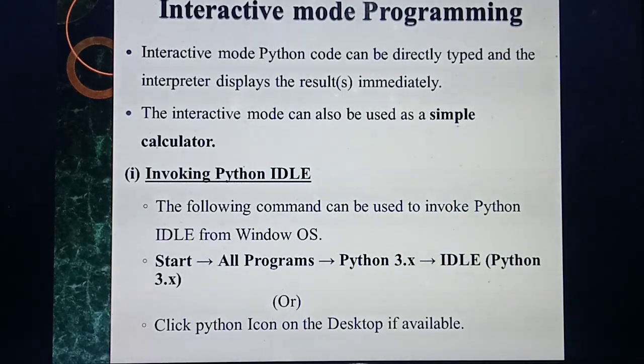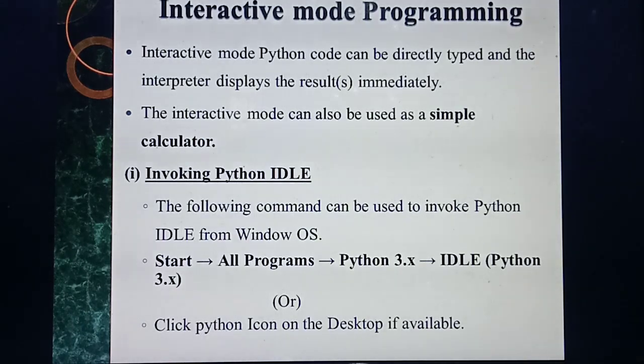Last class you have studied, how many types of programming are there? Two ways you can program, isn't it? What are the two ways, students? Interactive mode as well as script mode. What's the difference between interactive mode and script mode? In interactive mode, the symbol >>> will be there, and after that you type the program.